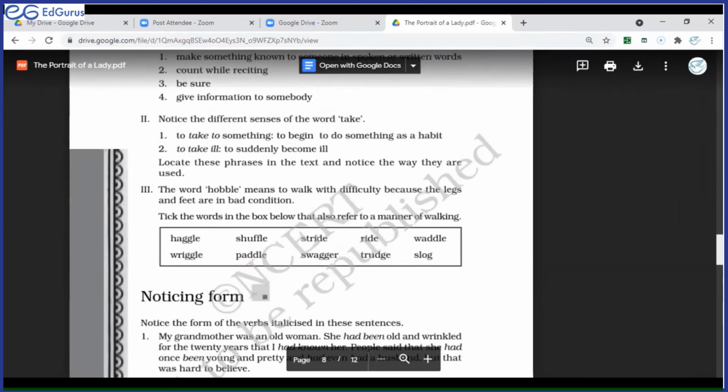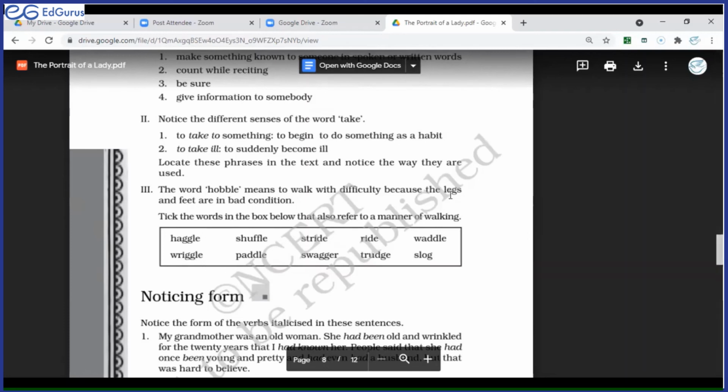Yes. Now notice the different senses of the word take. Now this is for practice. To take to something is to begin to do something as a habit. To take ill is to suddenly become ill. Now you will locate these very phrases in the text. You will find, for example, she took to feeding sparrows in the courtyard of our city house.